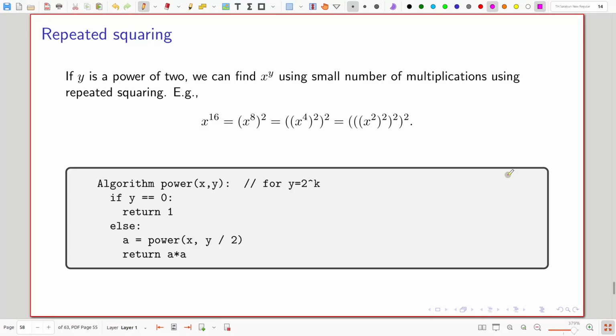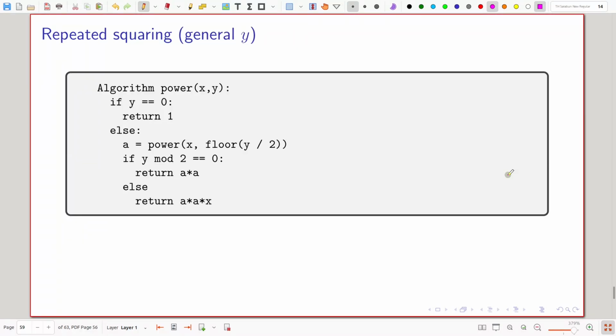If y is not a power of 2, you can still do it. You basically round the number down, take the floor. If y is an odd number, when you take the floor of y over 2, you lose 1. So suppose y is 7 and you want to compute x to the 7.